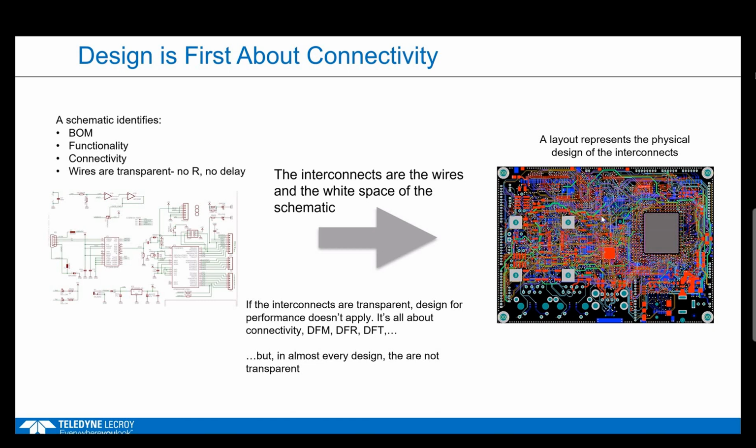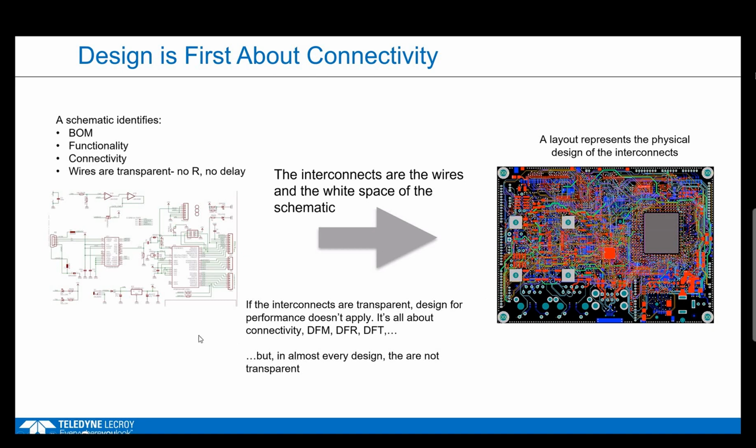It's about design for manufacturability, design for reliability, design for test, design for assembly. Those are the factors that you have to worry about in designing the circuit board if the interconnects are transparent. It's not about the electrical properties of the interconnects. But unfortunately today, in almost every single design, interconnects are not transparent and we have to worry about their electrical effects.